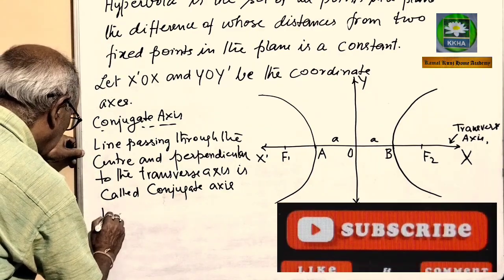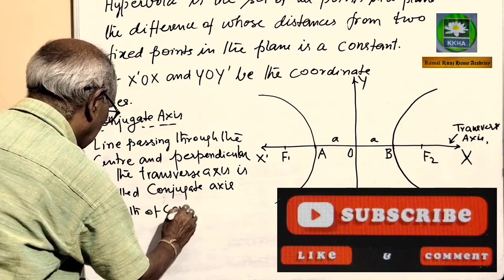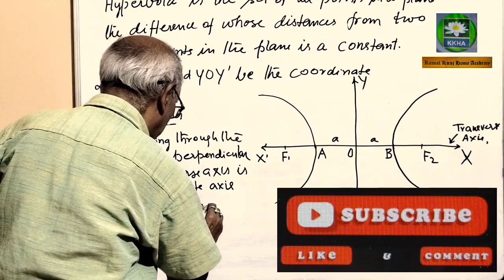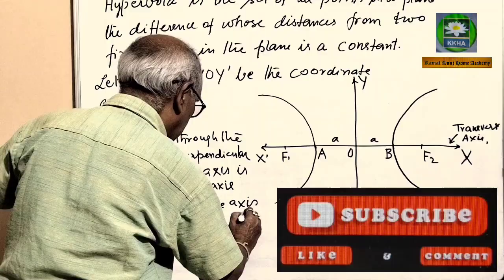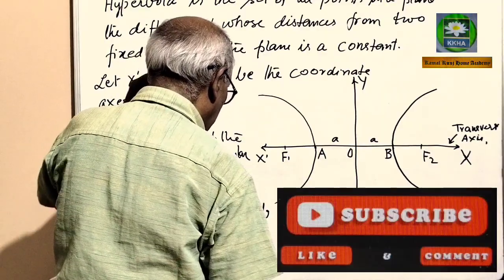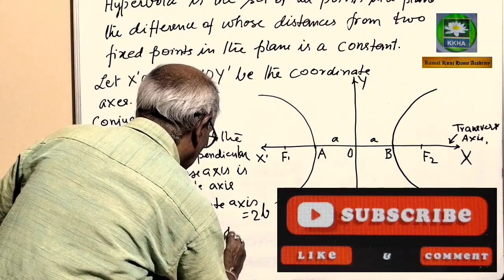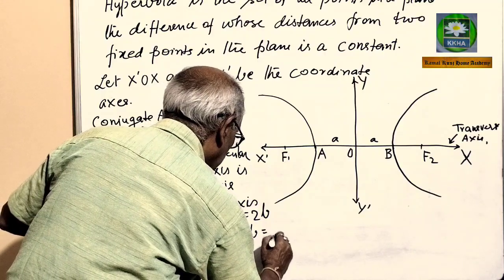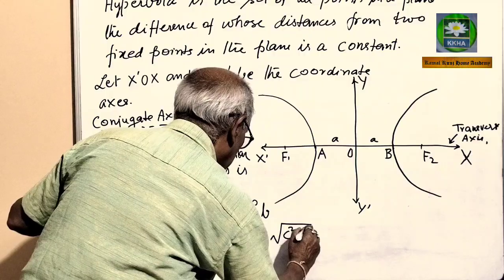The length of the conjugate axis is 2B, where B is defined as the square root of C square minus A square.